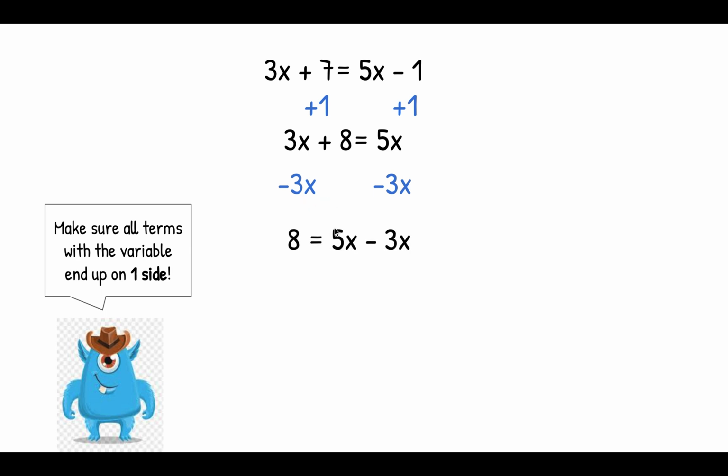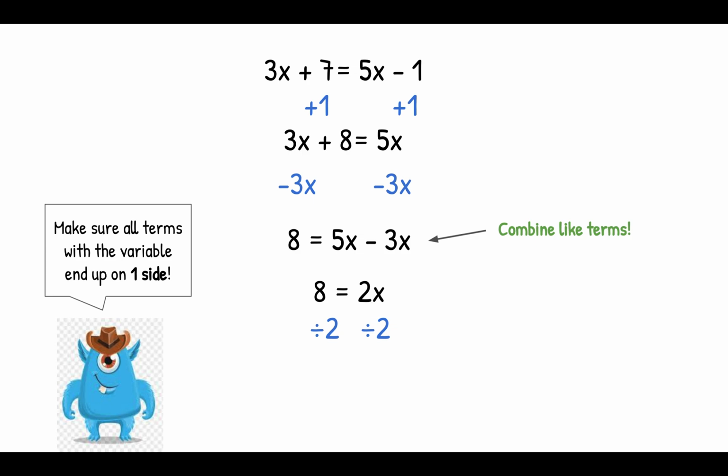So now we're going to get 8 equals 5x minus 3x. And using like terms, that's going to be equal to 8 equals 2x, because 5 minus 3 is 2, and then you add the x at the end. And now we need to get the inverse of multiplying by 2, because right here we have 2 times x.